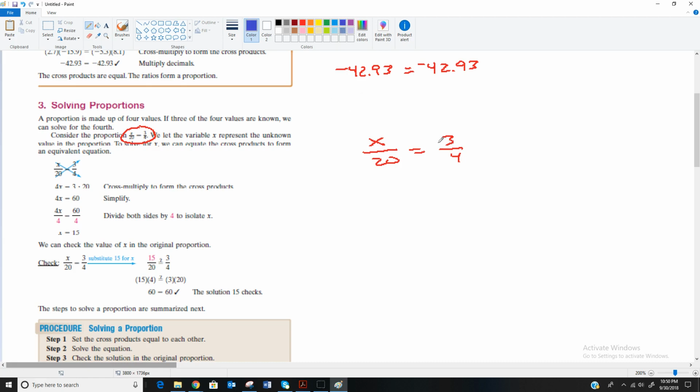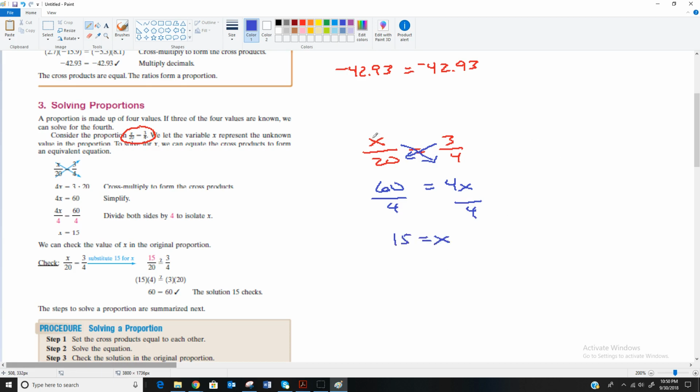In order to do that, I'm going to cross multiply and do just the tiniest bit of algebra. 3 times 20 is 60. x times 4 is 4x. And then we're going to divide both sides by 4. And that will give us that 15 is what x needs to be.